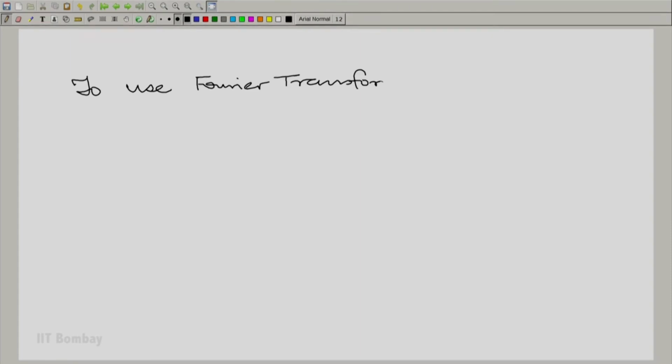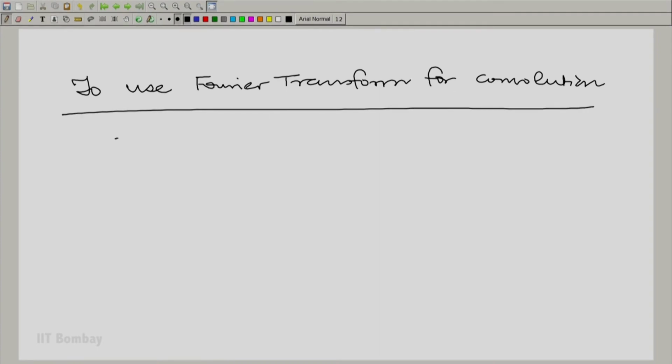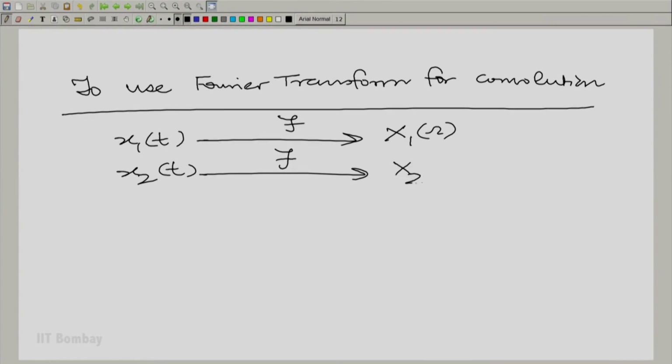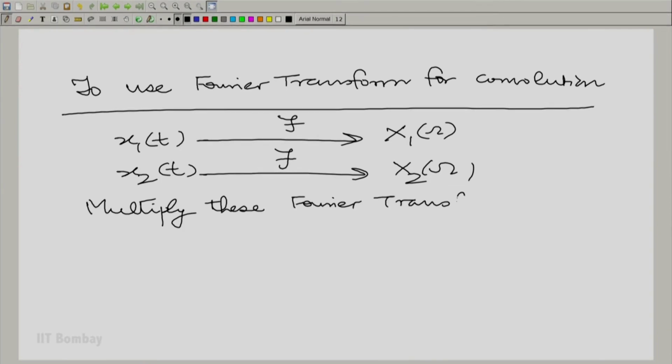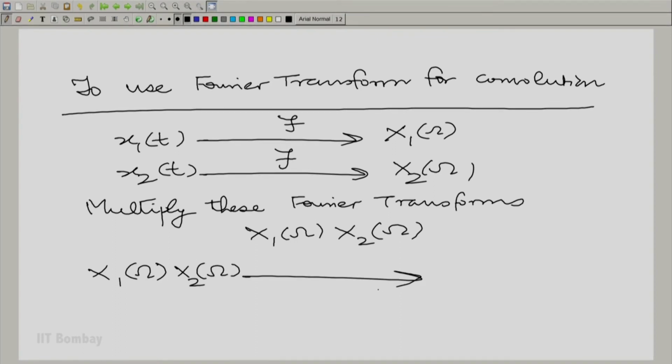So, if I wanted to use the Fourier transform for convolution, how would I do it? I would Fourier transform x1(t), similarly x2(t). I would multiply the Fourier transforms. So, I would have capital X1 of omega, capital X2 of omega, and I would take the inverse Fourier transform now.